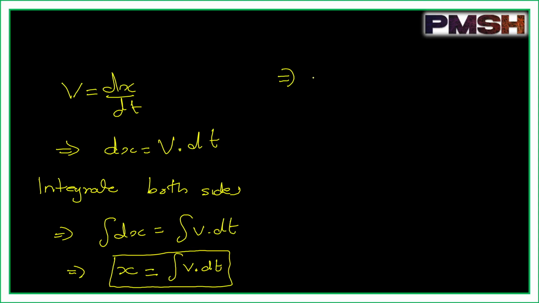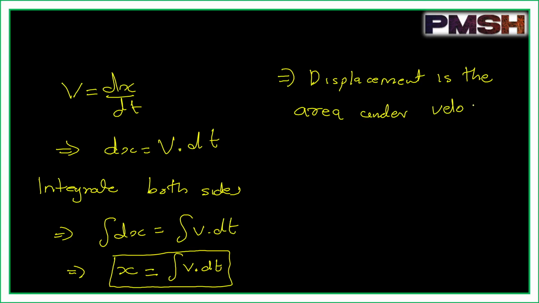You can tell that displacement is the area under the velocity time graph.